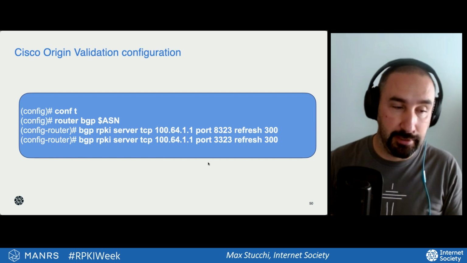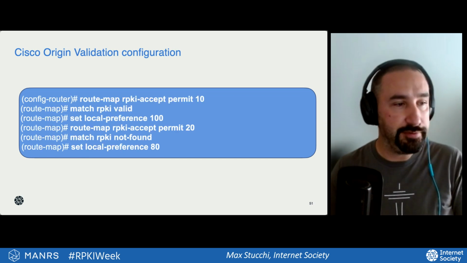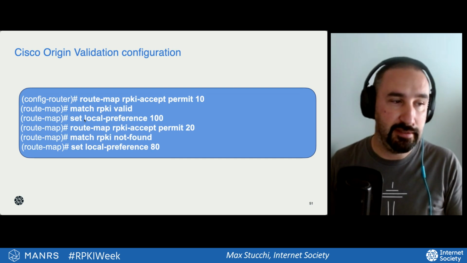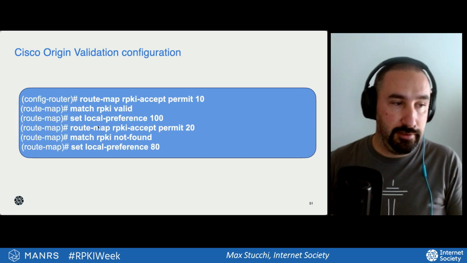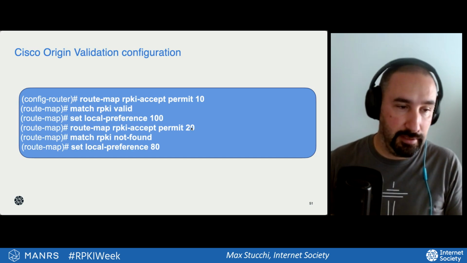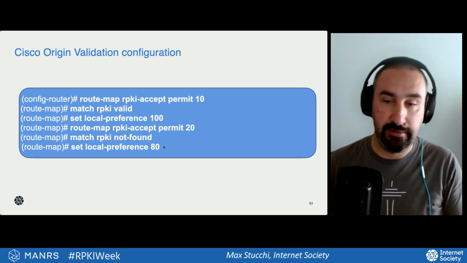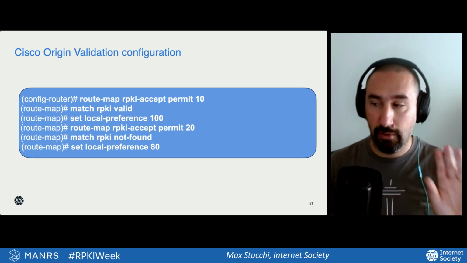It was working in our lab. Then what you do is create a route map. You create a route map where you first of all match the valid, set a local preference of 100, and then you set another rule to match the not found, and then set a local preference to 80. Now, this is all we're doing here.